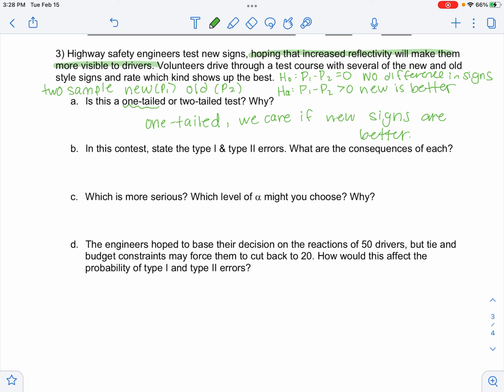All right, in this context, state the type 1 and type 2 errors. What are the consequences of each? The type 1 is that the new signs are not better, but we find convincing evidence they are.